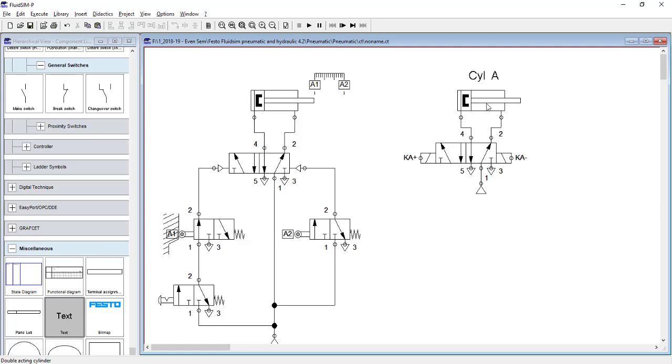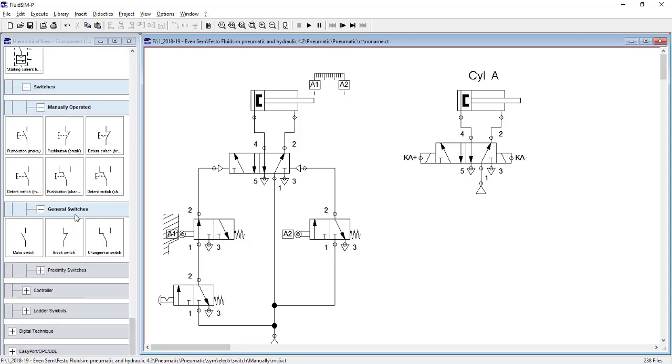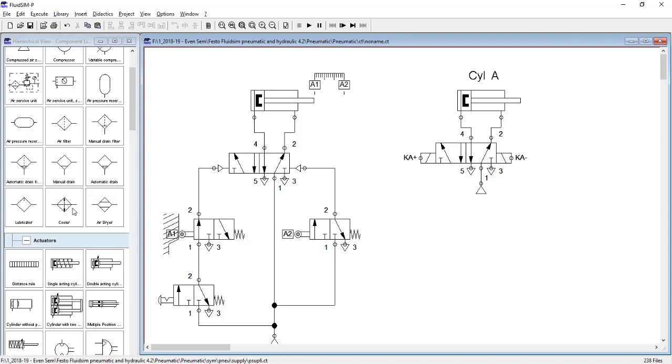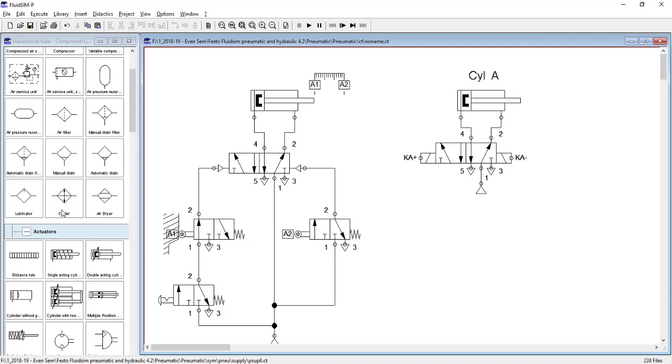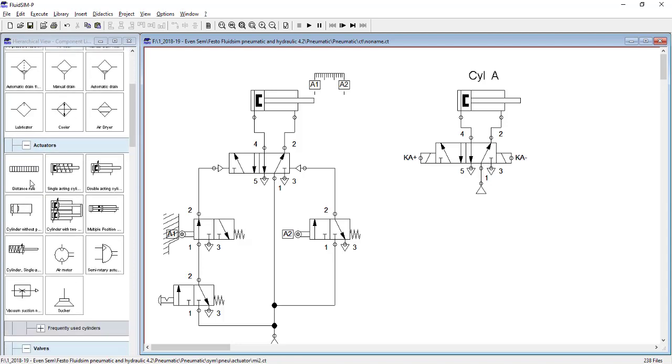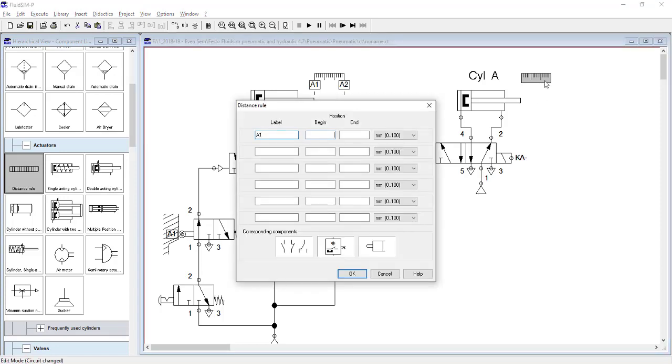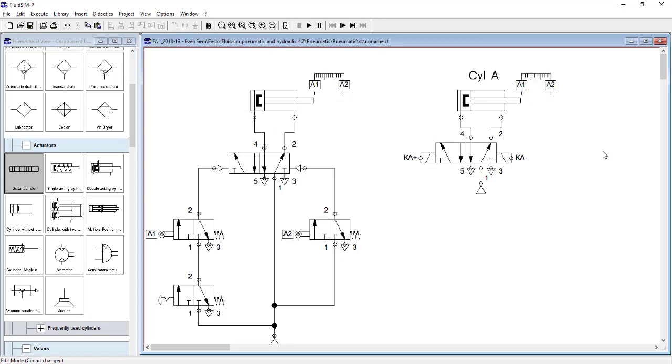Now in pure pneumatic circuits, we had limit switches A1 and A2. In electro-pneumatic circuits, we do not have limit switches; we have proximity sensors, but that makes no difference. The proximity sensors are still given the same name, A1 and A2.